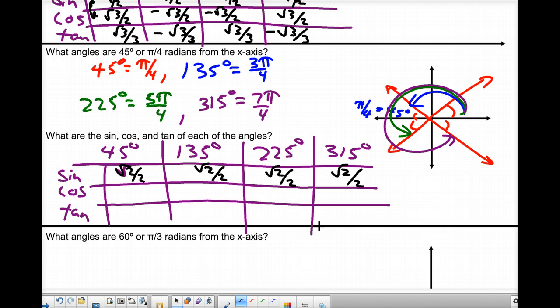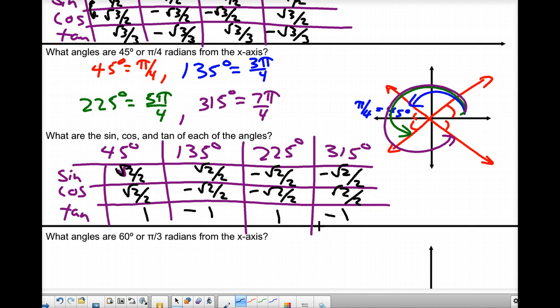Where is sine positive? First, second quadrant. It's negative in the third and fourth. Cosine of 45, that's also √2 over 2. But cosine is negative in a different spot. It's negative in the second and third. And then finally, tangent is going to be some form of 1. Where is tangent negative? Second, fourth quadrant.